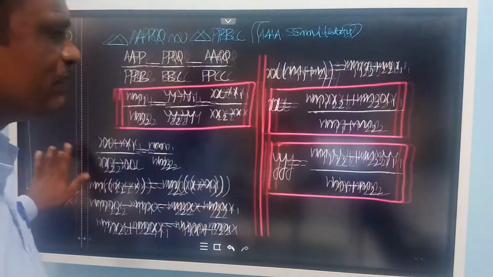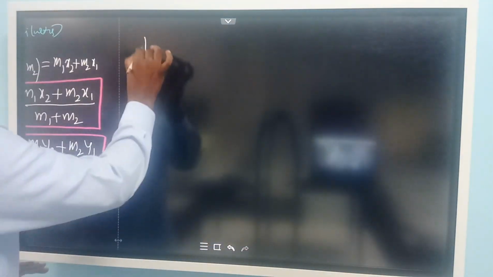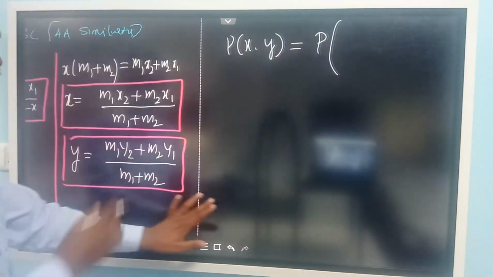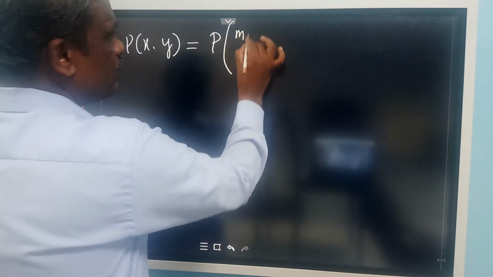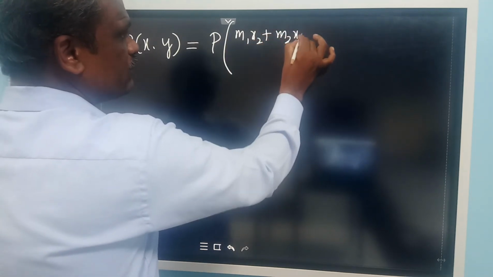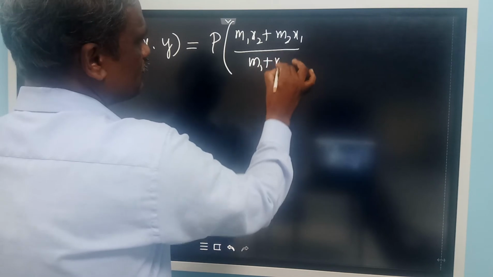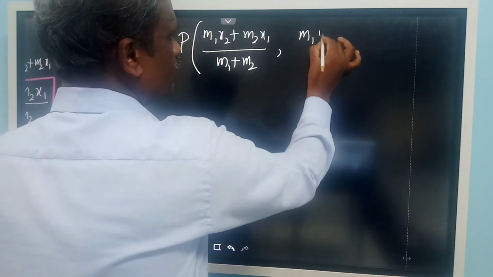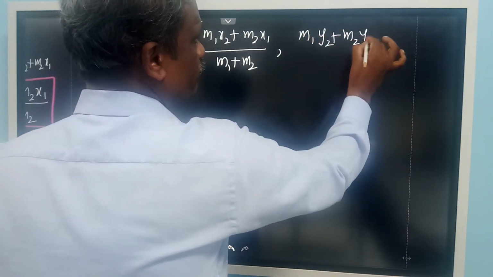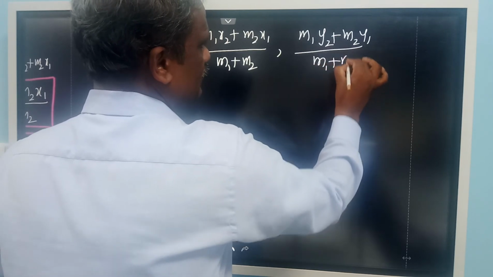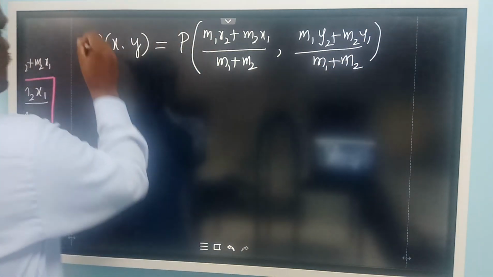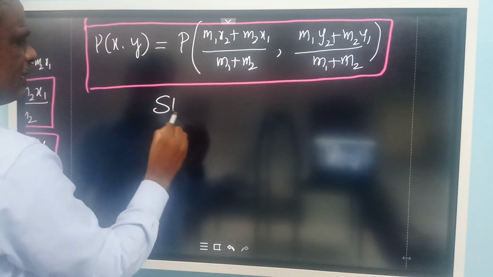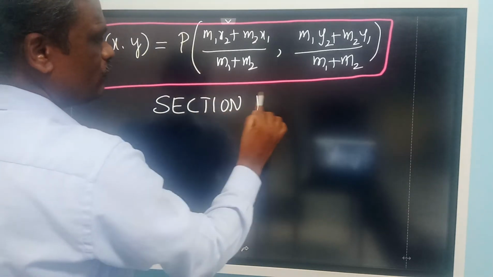That point P of x comma y can be written as P of x value, m1 x2 plus m2 x1 divided by m1 plus m2, comma y value, m1 y2 plus m2 y1 divided by m1 plus m2. So this is called as section formula.